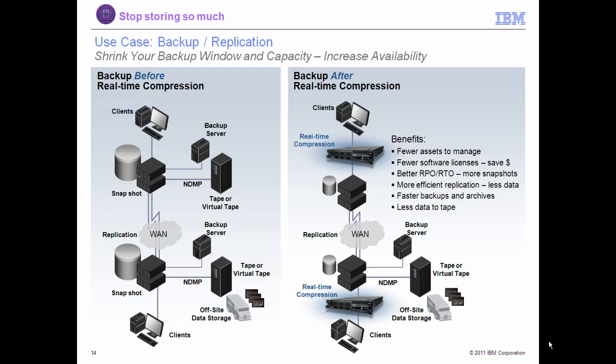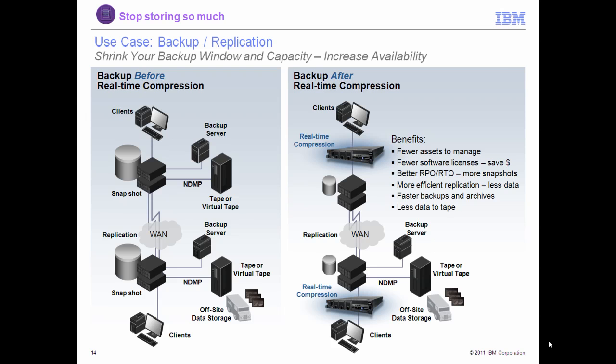This allows you for better RPOs and RTOs, and you have, as we said, more efficient replication, which provides faster backup and archive times. Additionally, you're having less tape, as well as less overall volume of data to back up, which means you can now consolidate your backup environment, meaning a reduction in software licenses as well as hardware licenses for an overall efficient environment.